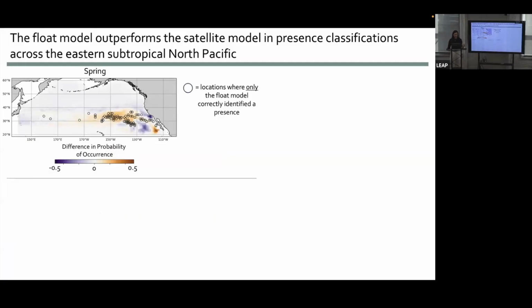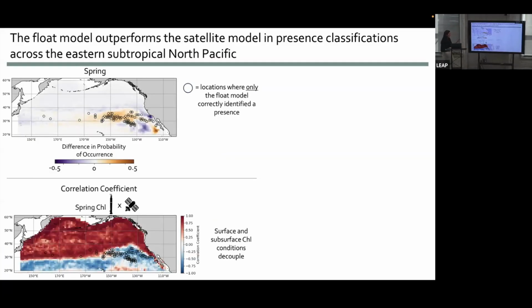So we calculated a correlation at each grid cell through time. In this map, red indicates a strong positive correlation between surface and depth integrated values, and blue indicates a negative correlation. And again, these black circles mark locations where only the float model correctly identified a fish presence.